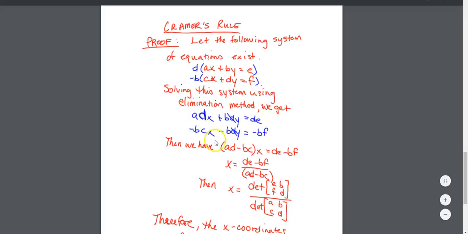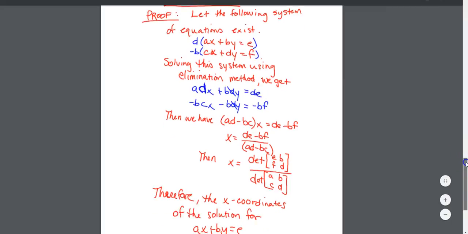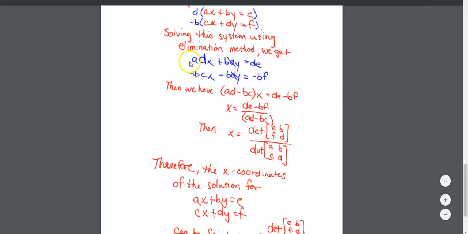We're left with this stuff, and essentially from there, we're just going to combine those two equations. So we've got AD times x minus BC times x. That's where this comes from, equals DE minus BF. Go through and solve for x by dividing by the coefficient of that thing.